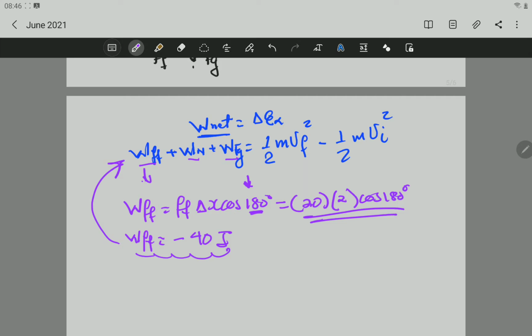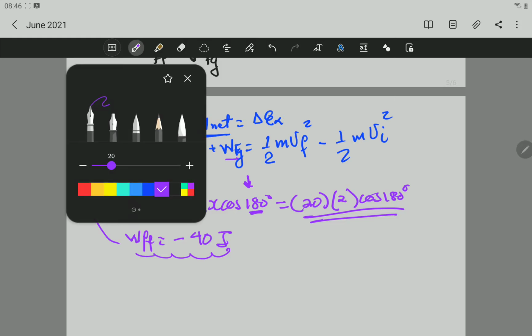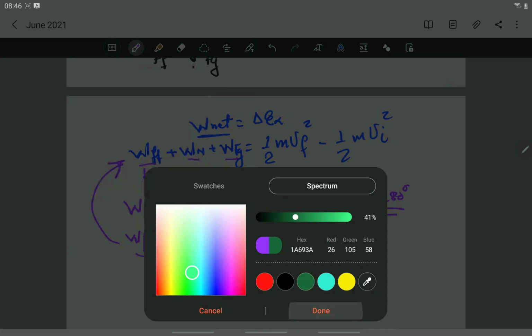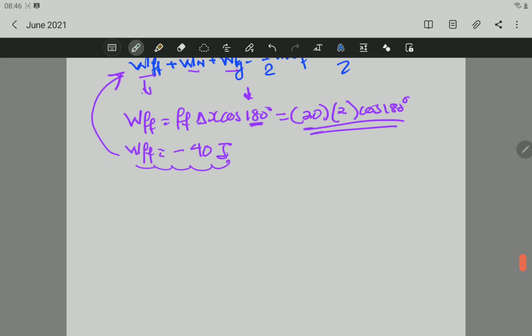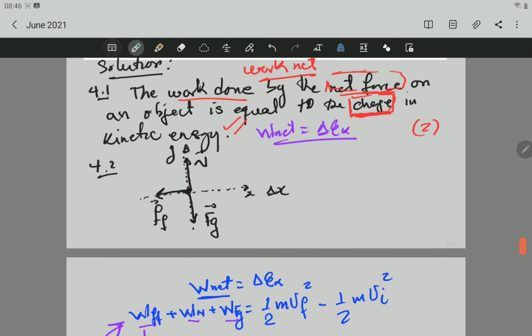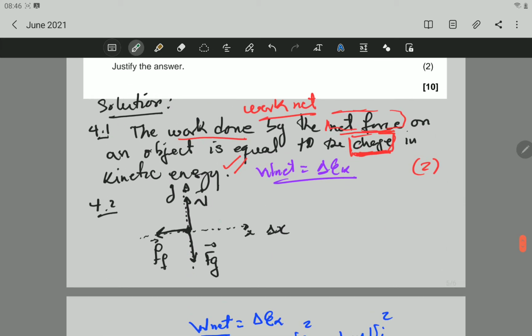Okay, now the work done by normal, everyone, if you watched the previous videos, it shouldn't be a problem for you, but let's show you quickly here. Work done by the normal force is equal to normal force multiplied by displacement multiplied by cosine of, let's look at the angle. Let's go to the free body diagram. Displacement is to the right, and the angle here is 90 degrees.